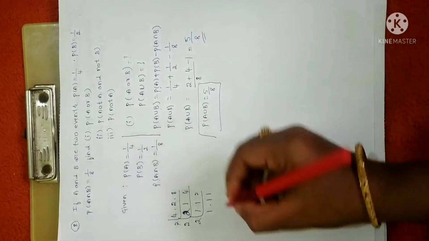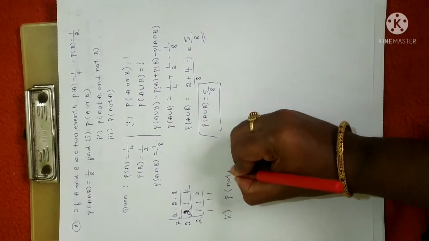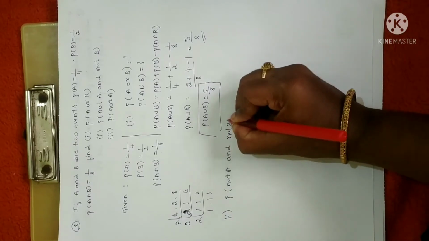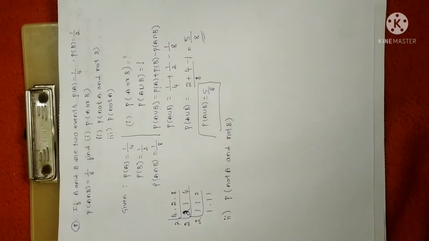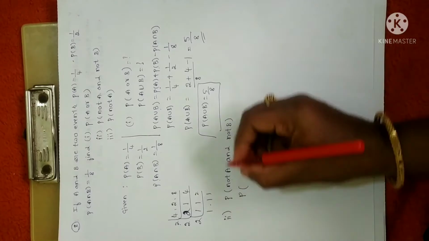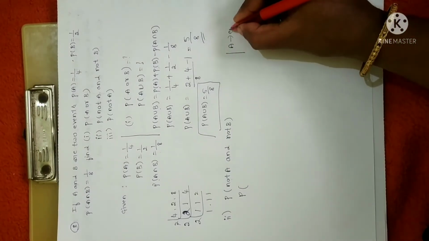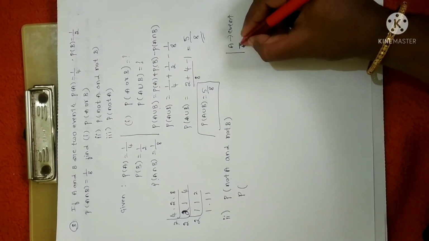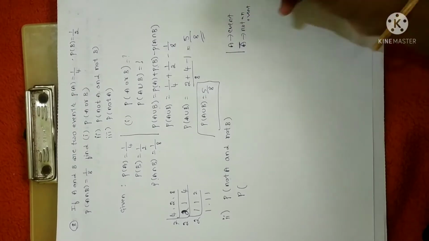Fine. Now look at the second sub question. What we have to find is the probability of not A and not B. First we have to convert it into mathematical form. As I already told you, the complement event definition: if A is an event, A bar represents its complement, which is the event not happening.